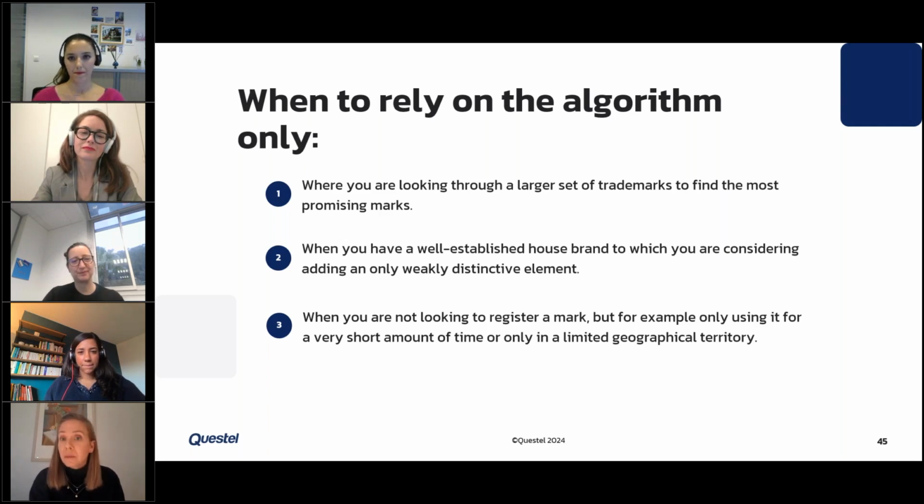In this case, the algorithm can very well match your needs. And then the third one is when you're not really looking to register a mark at all, because in this case, I'm thinking about fashion, fast-moving consumer goods, where they deal a lot with collections. Those collections are only available for a limited amount of time and in very limited territory. So I think in those cases, the algorithm does very well.